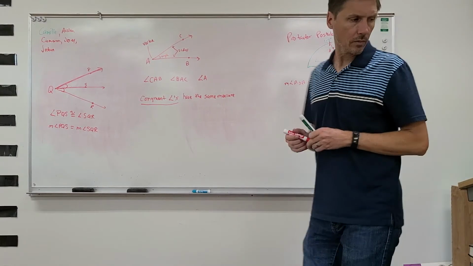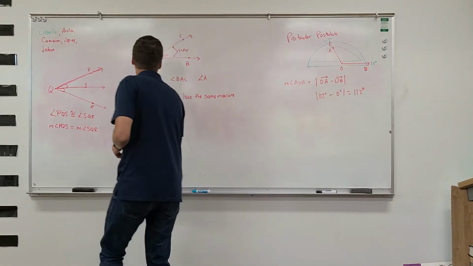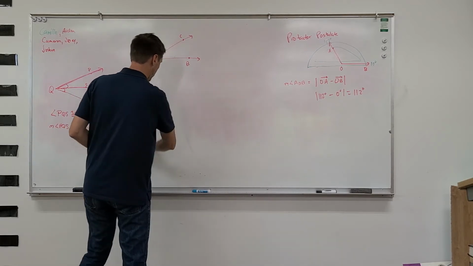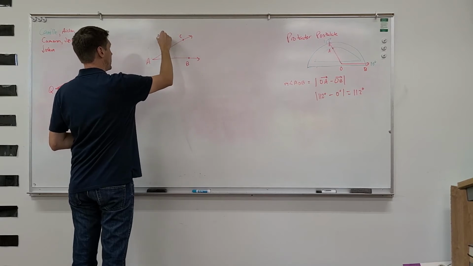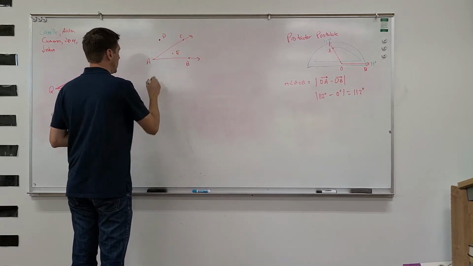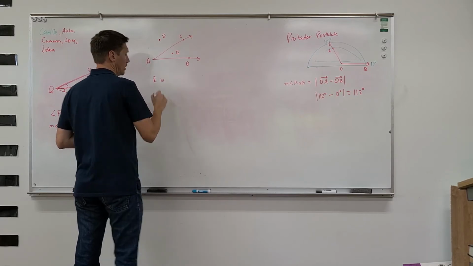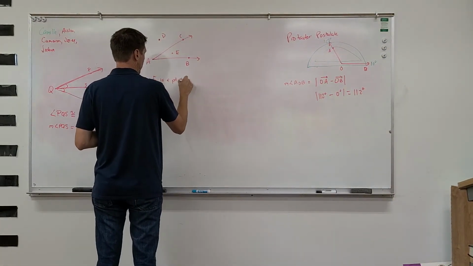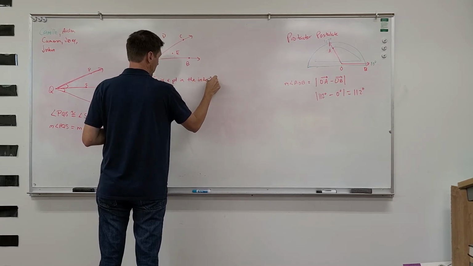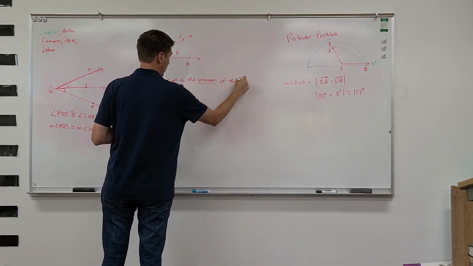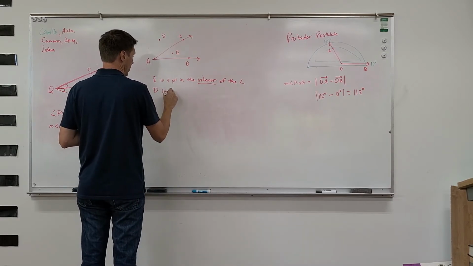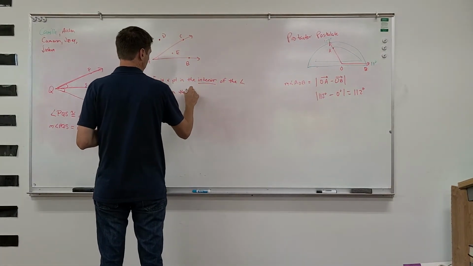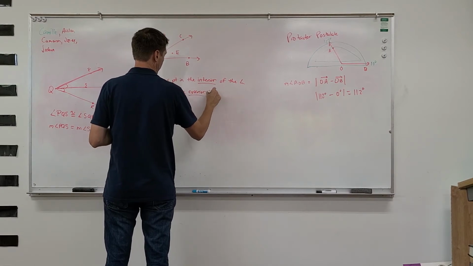All right, so another definition here is that if I have an angle like this one here, and I have a point out here, say point D, and I have a point here, point E. E is a point in the interior of the angle, and D is in the exterior of the angle.